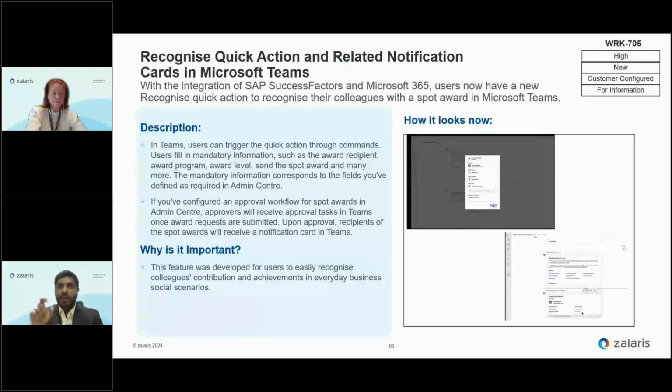You can choose to whom you want to give an award and select what kind of award you want to give to the employees. So you don't have to go into SuccessFactors to give an award. It's easier. This feature was developed for users to easily recognize colleagues' contributions and achievements in everyday business social scenarios.